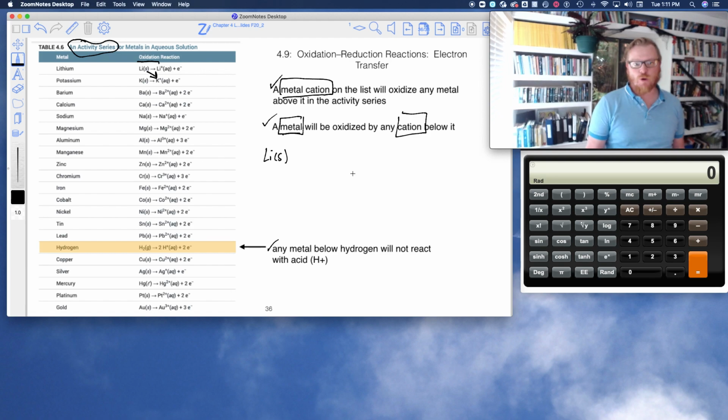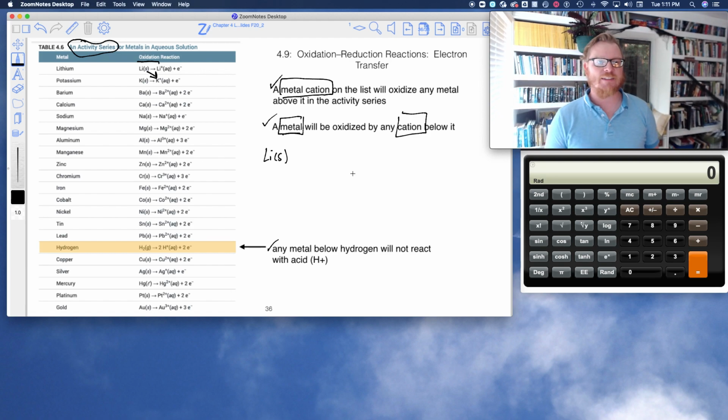What does this mean for a reaction? I can't combine lithium solid and potassium solid and get a reaction. But I can combine lithium solid and K+ aqueous, and I will get a reaction.